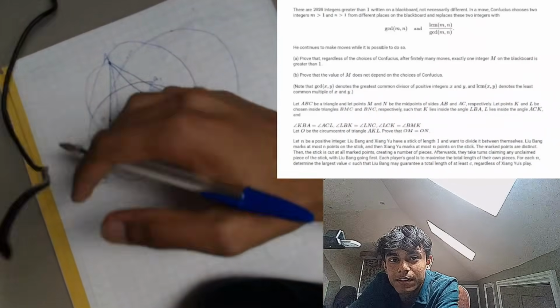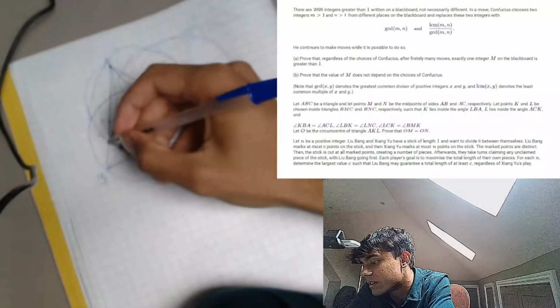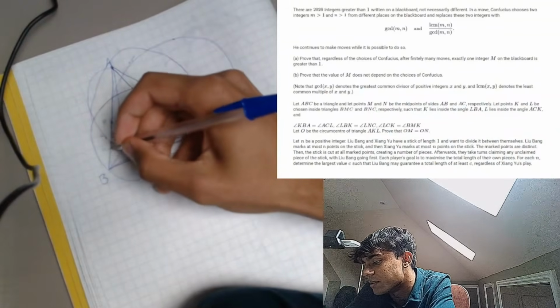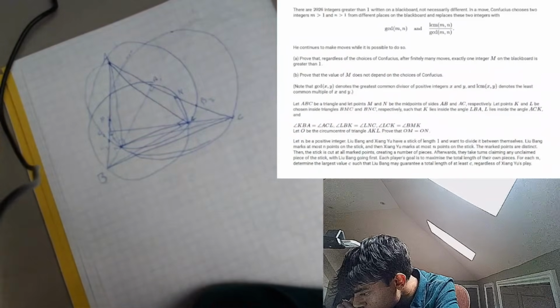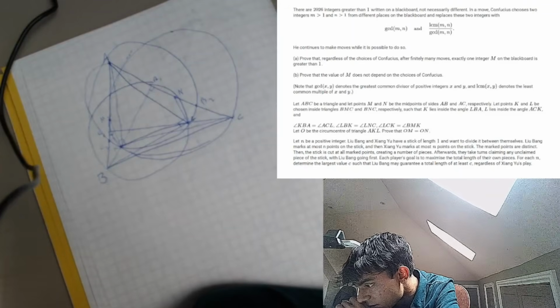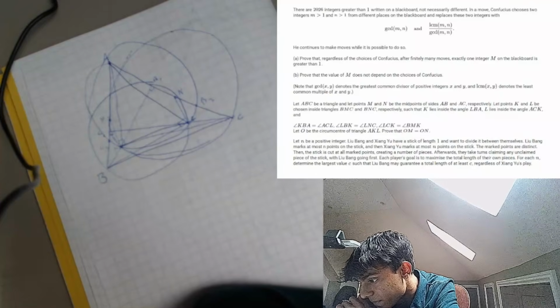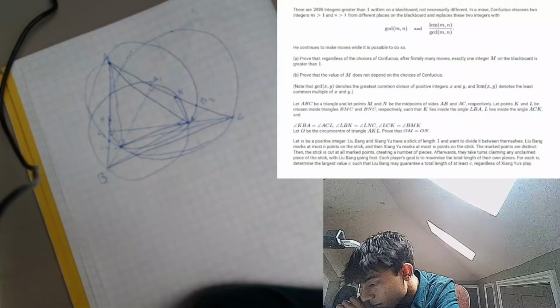Circle AKL, and if that meets AB at C2 and AC at B2, and we showed that MC2 times MA is equal to NB2 times NA, we would be done.